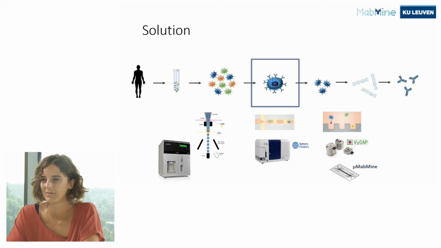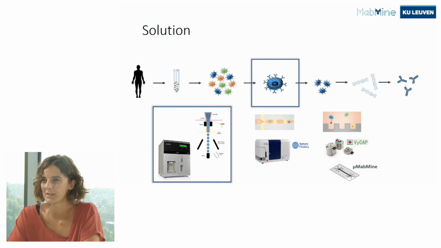Several devices are available to perform FACS, but also for the more recent technologies, there are some commercial options. And in fact, we have FACS available at KU Leuven, but we'll also evaluate, and if a positive evaluation, purchase the other technologies at our facility. In addition, we're also working on our own platform, MicroMapMine, to allow for full flexibility of B cell screening and characterization before the cell isolation.